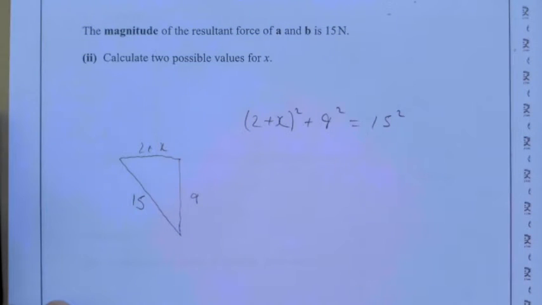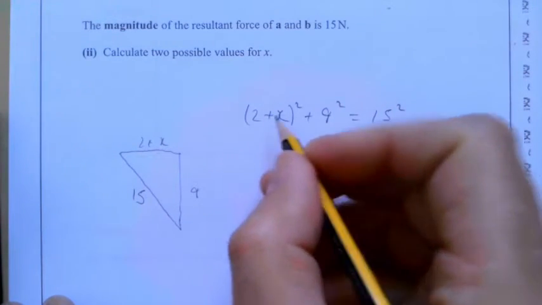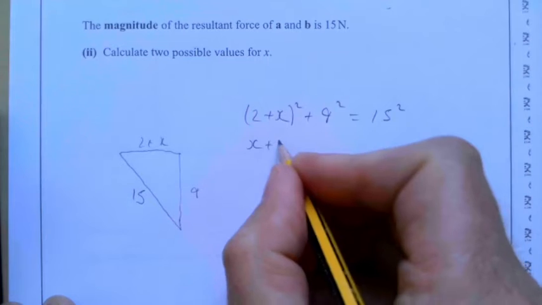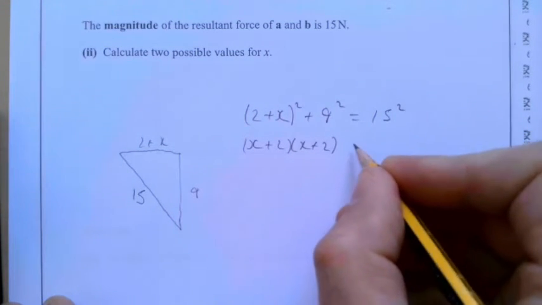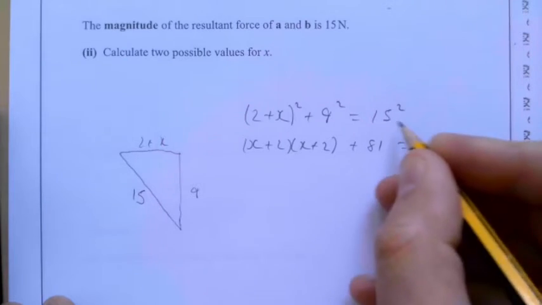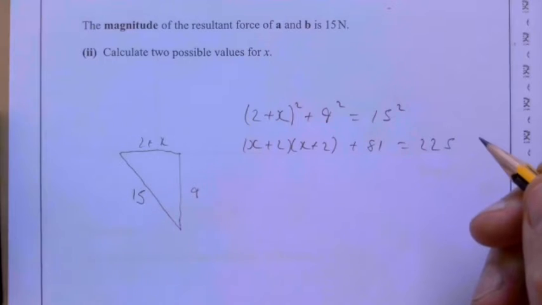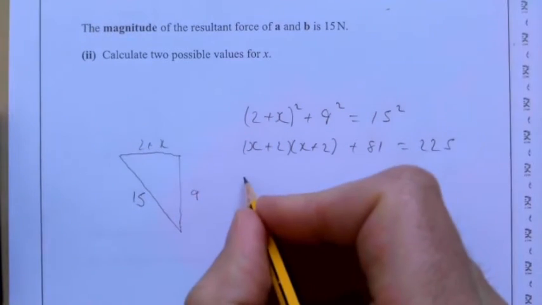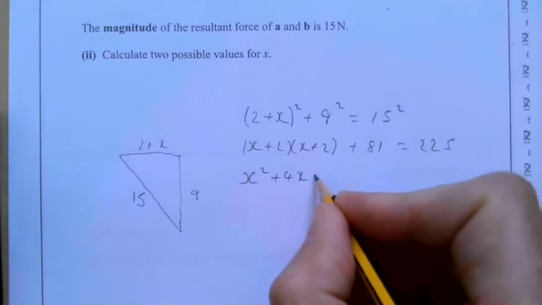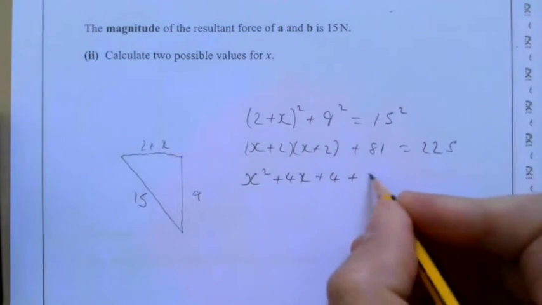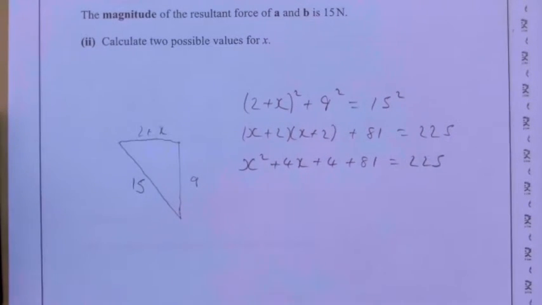equals 15 squared. If I multiply out my 2 plus x, remember we've got to use FOIL here, so it's x plus 2 times x plus 2, plus 81, and then 15 squared is 225. So that gives me x squared, outer and inner is plus 4x, last is 4, plus 81 is 225.